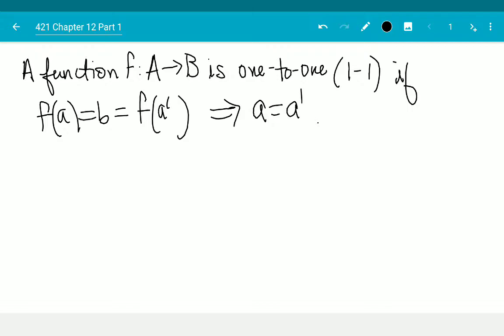This was an important thing when we were looking at the union of images and intersection of images of sets, right?